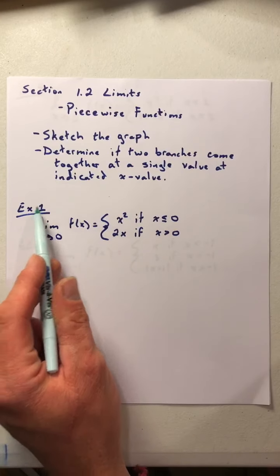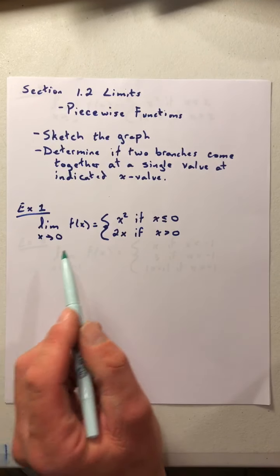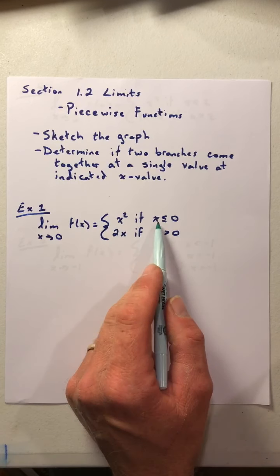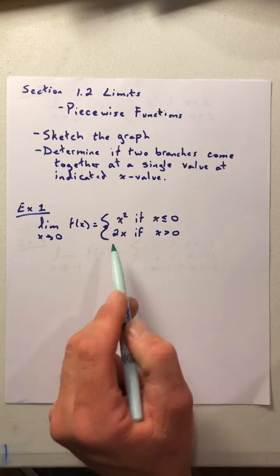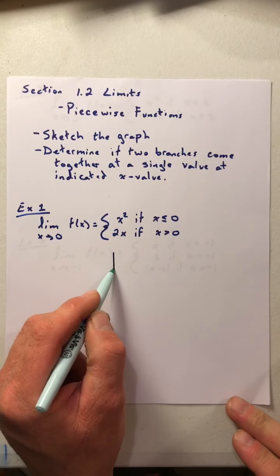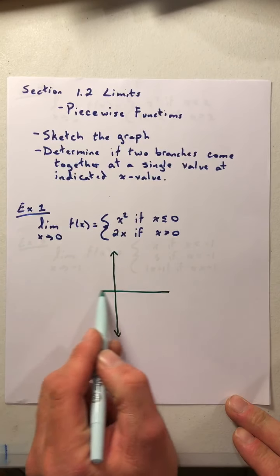Looking at example 1, we're taking the limit as x goes to 0 of this function f of x, which is defined piecewise: x squared if x is less than or equal to 0, and 2x if x is greater than 0. The first thing I'm going to do is sketch a graph of this function.